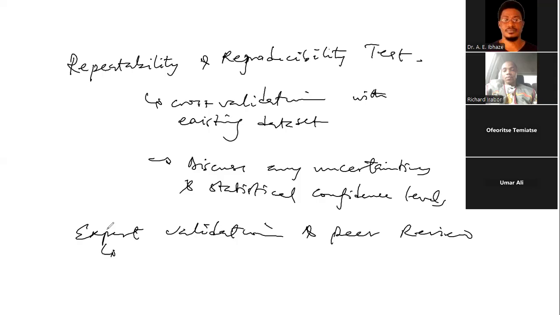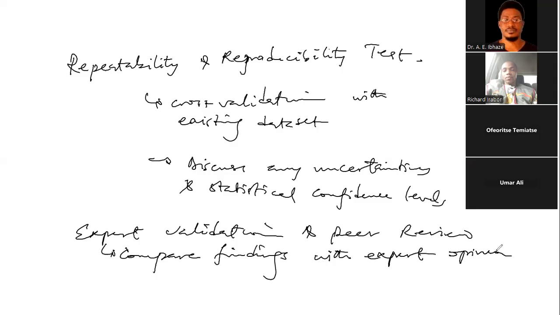So you want to compare findings with expert opinion, right? Now, you could have industry report also to compare with, or better still, peer review.